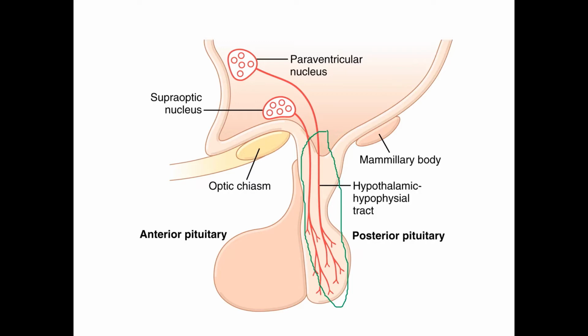And then they can be readily released depending on the stimulating factors. So unlike the hormones coming from the anterior pituitary gland, which are produced and released from the adenohypophysis, in this case, the posterior pituitary hormones are just released from the posterior gland. They are synthesized and produced from the hypothalamus.